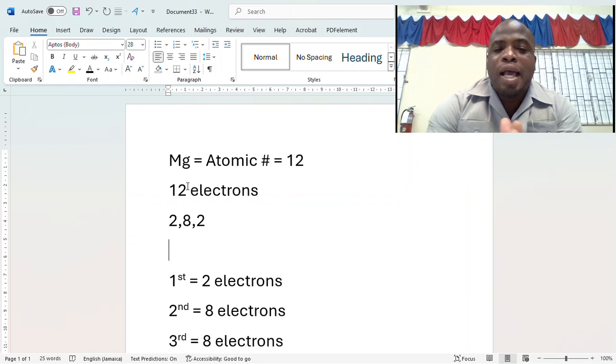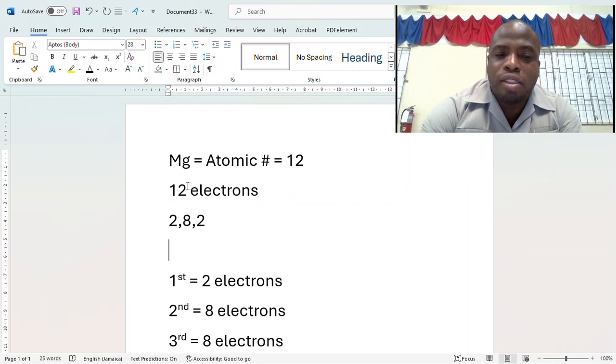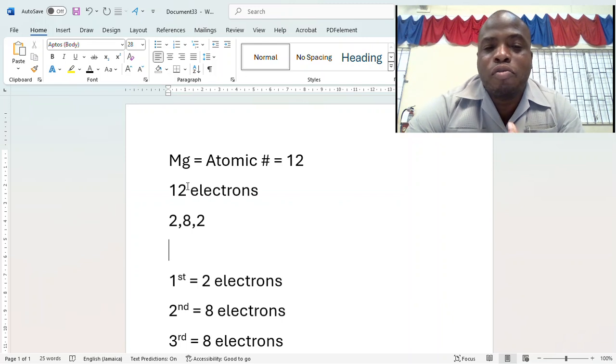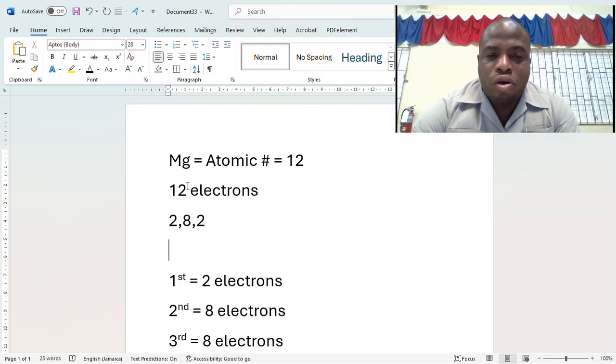Each energy level has a certain number of electrons that it can hold. And so once they have enough, we basically move on. Think about it like a parking lot for a mall or a plaza.